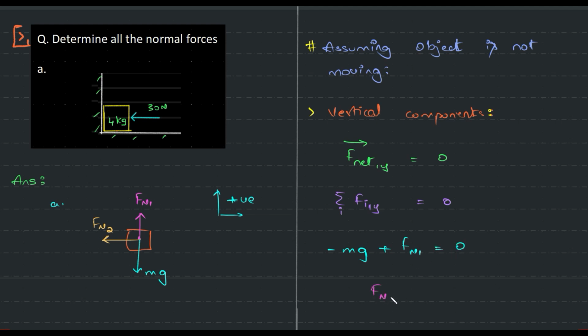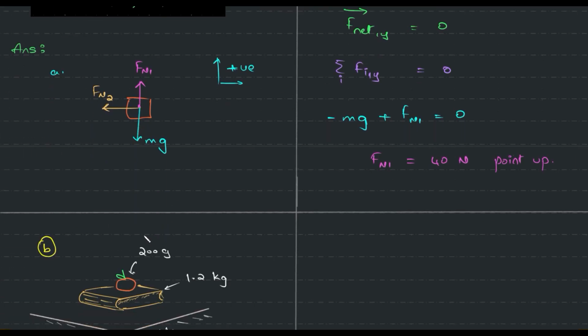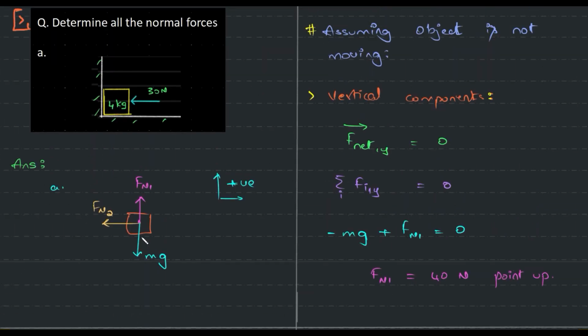So if I rearrange, this will be m into g. So 4 into 10, 40 Newton. I'm considering g as 10. So 40 Newton in the upward direction. So this is pointing up.